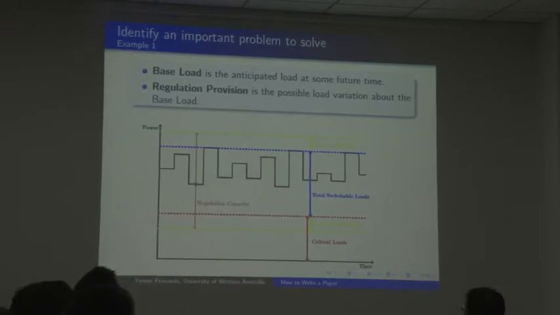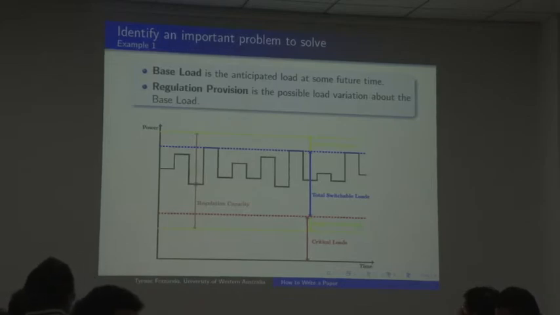So if you look at this customer now, customers have two ways to make money. One way to make money is to provide the regulation. The other way to make money is to actually produce a lot of goods by increasing the base power. The black line represents the base power. If you consume more power, you will probably produce more goods and make profit, right?